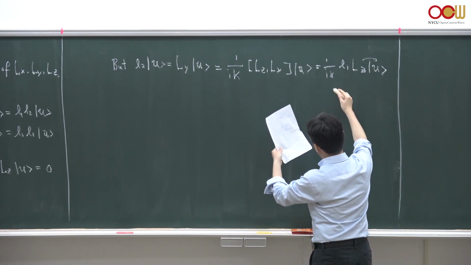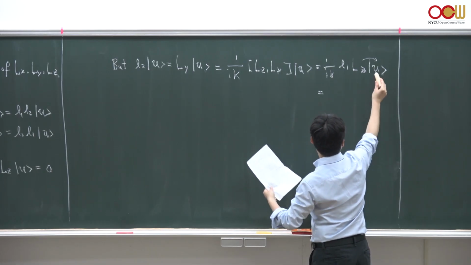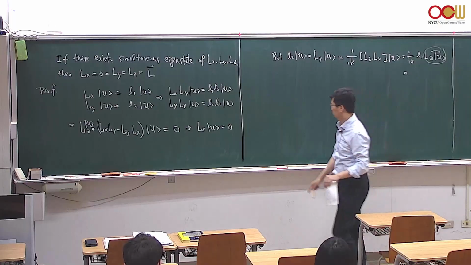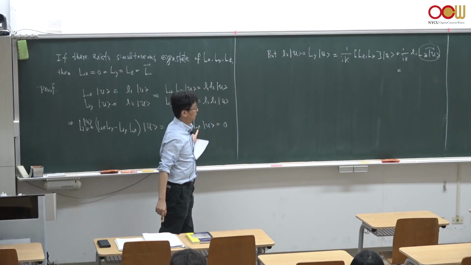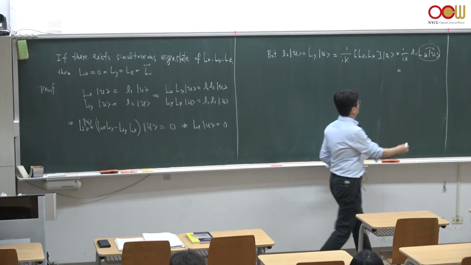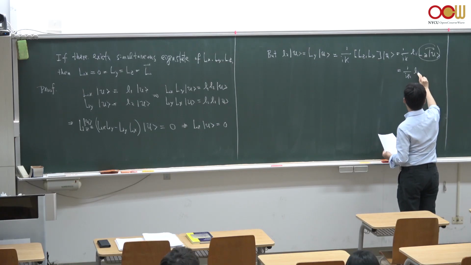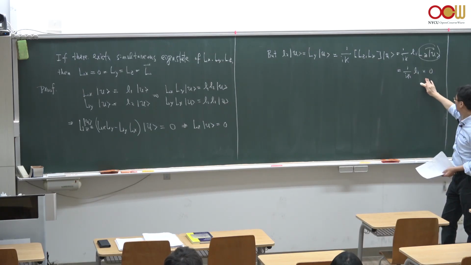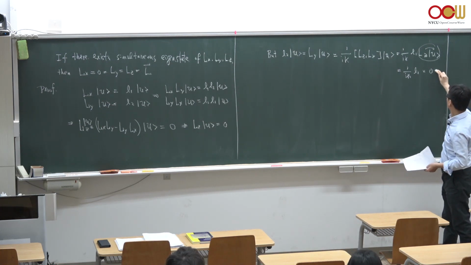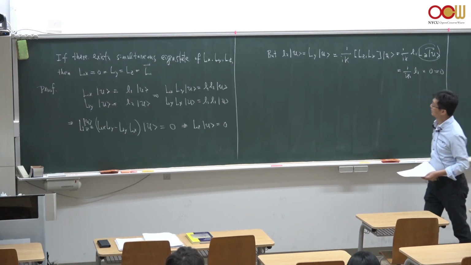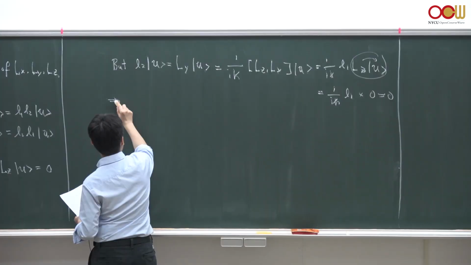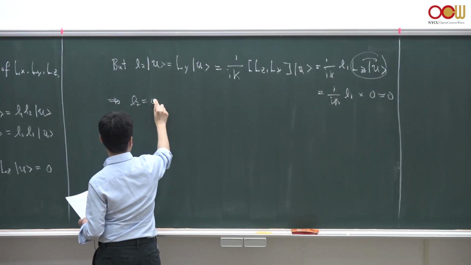This is 0 because LZ acting on U is 0, which we have already shown right here. So L1 times 0 on the right hand side is 0, and which tells us immediately that L2 is 0.